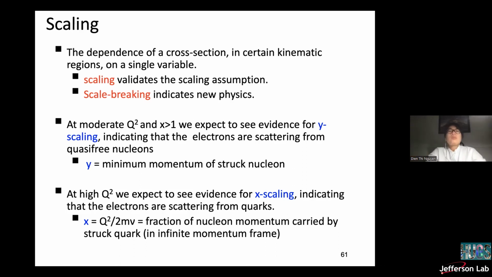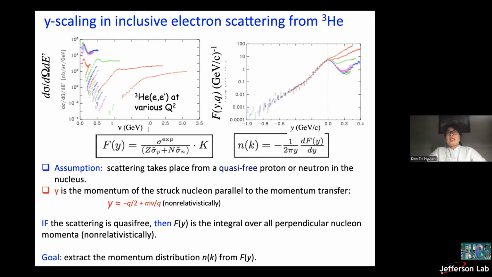The idea here is that I'm showing you helium-3, the measurement with different Q square. From this plot, you can expect where the low Q square is: on the left, right? On the left, the quasi-elastic peak is more pronounced, so the contribution of it relative to the other parts is bigger.